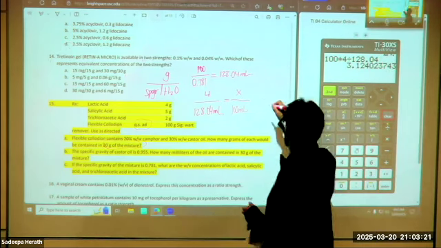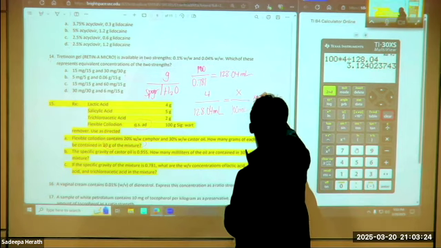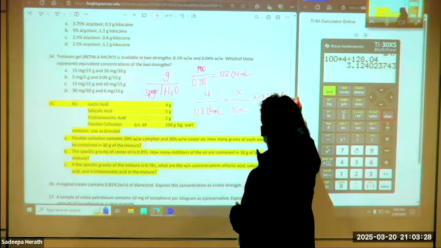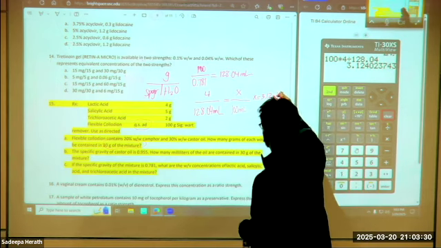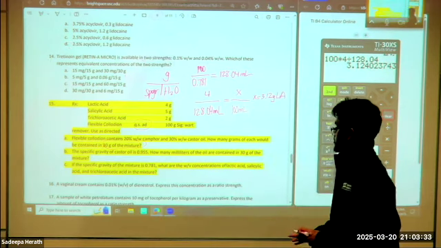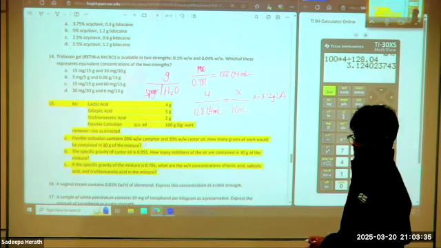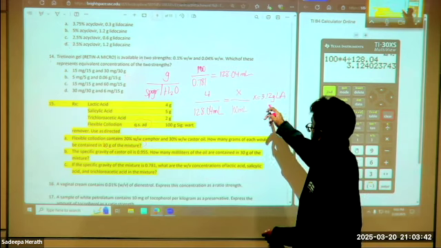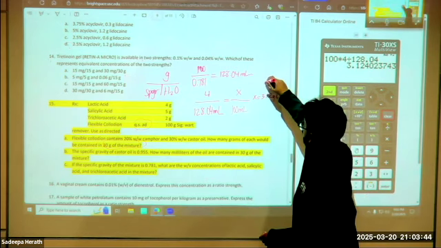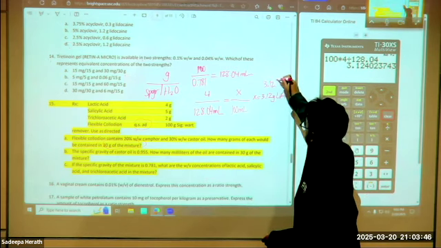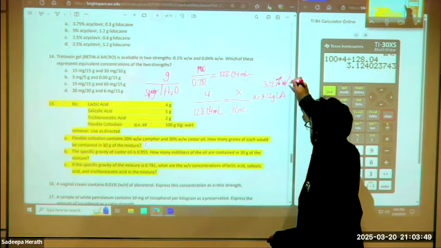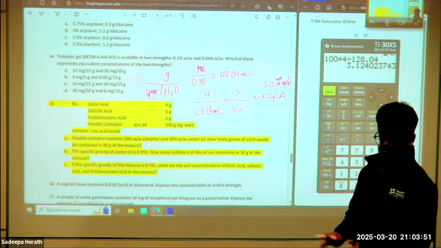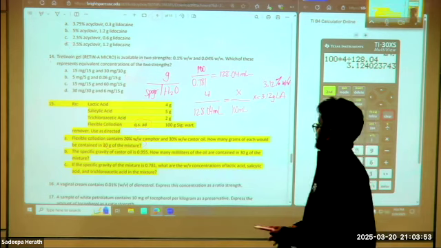So for lactic acid, it's 3.12 grams per 100 mL. So that's basically weight to volume, 3.12 grams per 100, or 3.12% weight to volume. That's the equivalent for that.